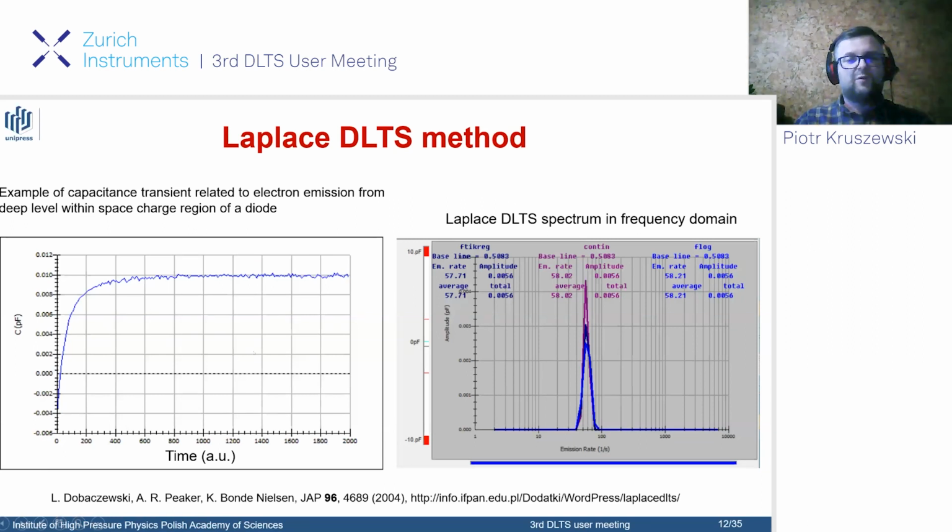If it's two exponentials and the ratio between both emission rates is higher than 2, it can be resolved by Laplace DLTS. In DLTS, if the ratio of emission rates is not higher than 5 or 6, it will always appear as one broad peak. So this is a big advantage of the Laplace DLTS technique, especially at low temperatures.